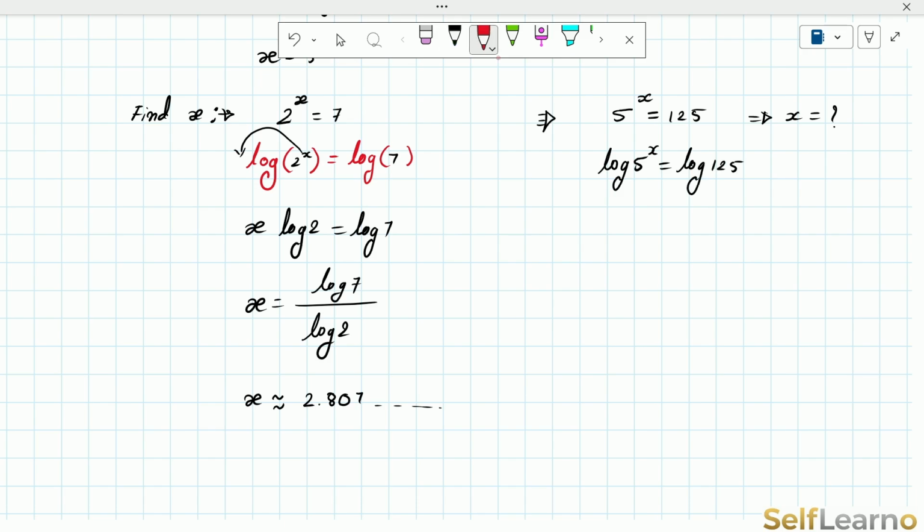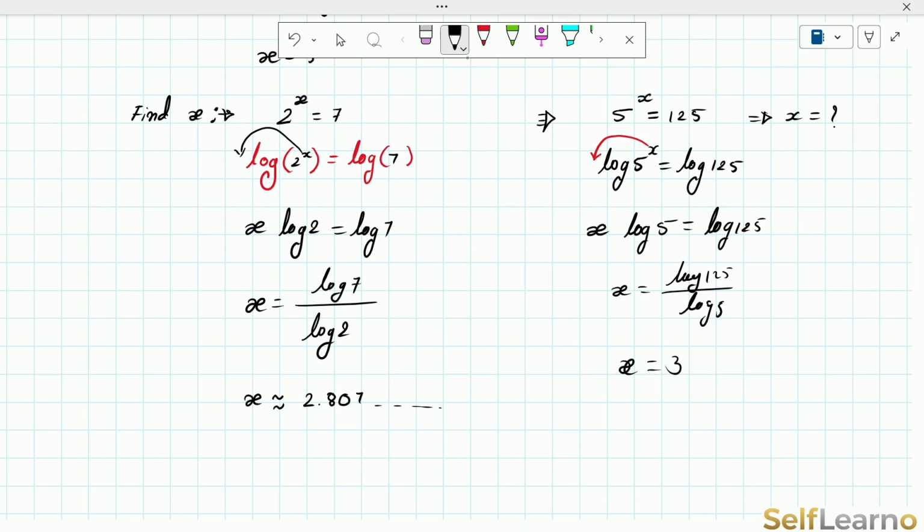By application of logarithm, this power can be brought here. So we have x log 5 equal to log 125, so x is equal to log 125 by log 5. If you use a calculator for this right side, you will get x is equal to 3. Great.